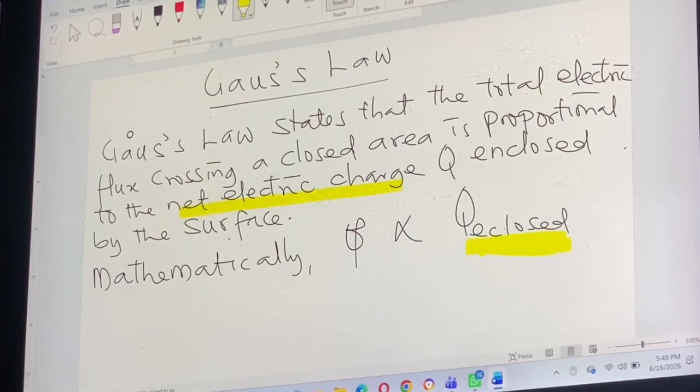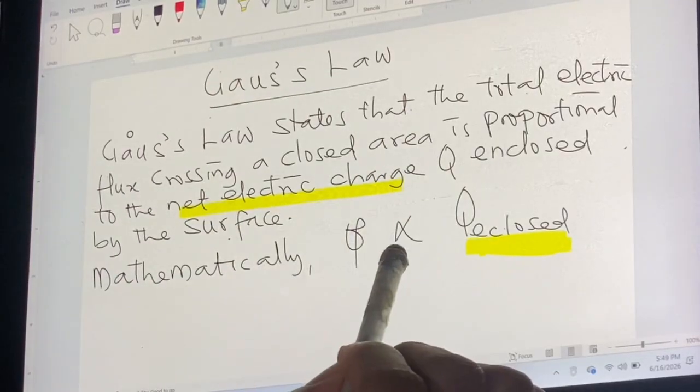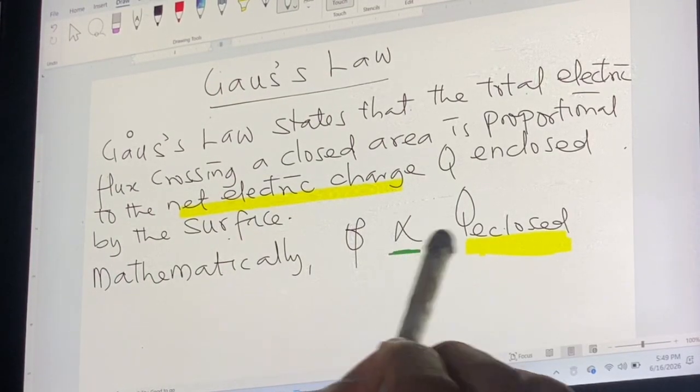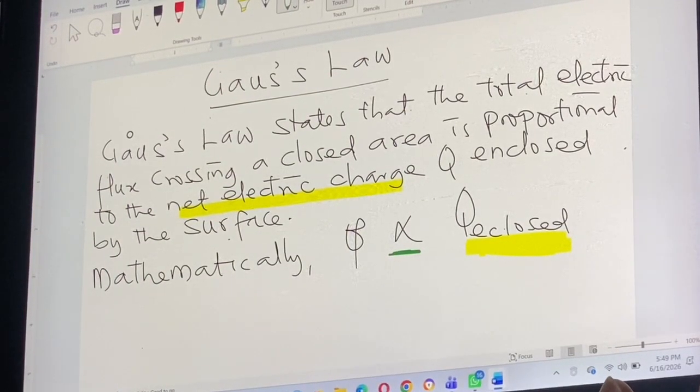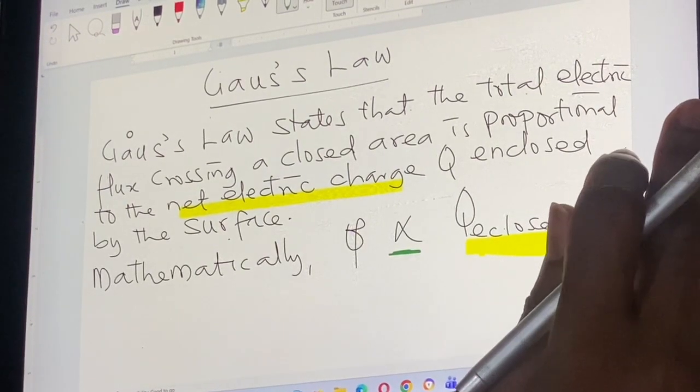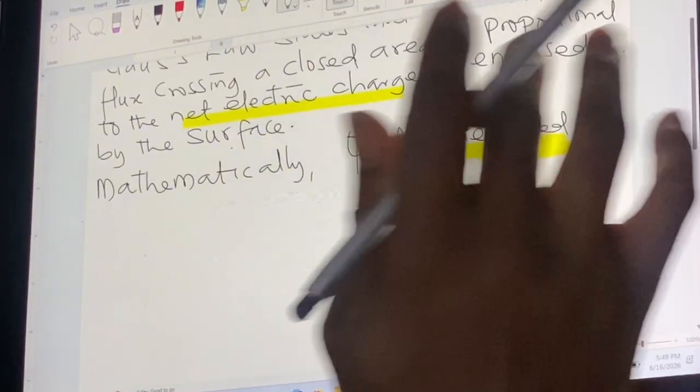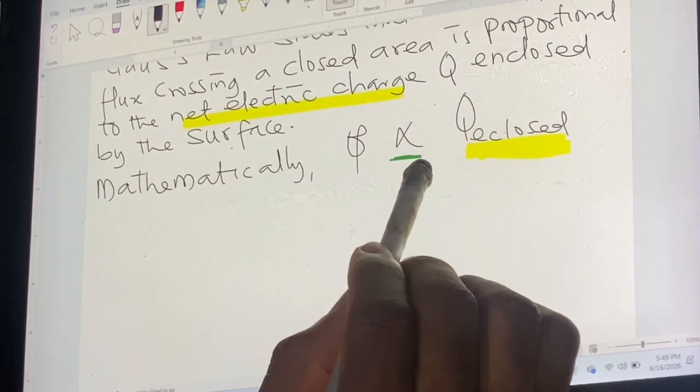So class, to remove the direct proportionality, we introduce two conditions, that is equal to and a constant. So we introduce equal to here and also a constant value here.